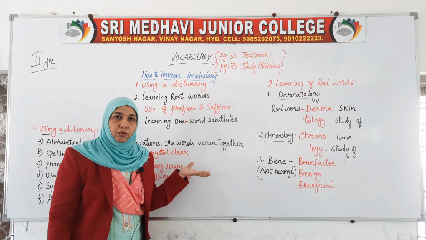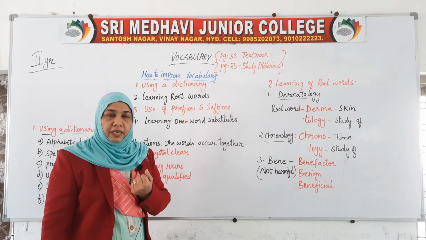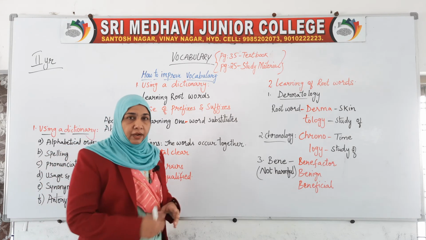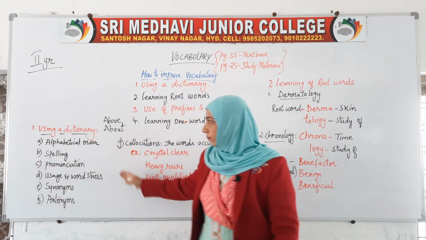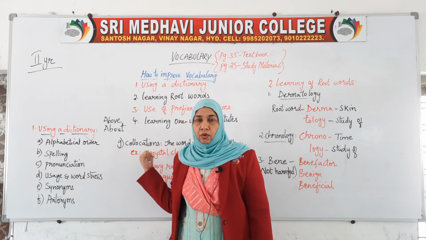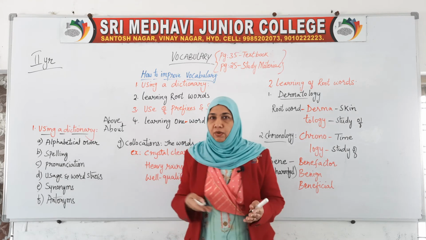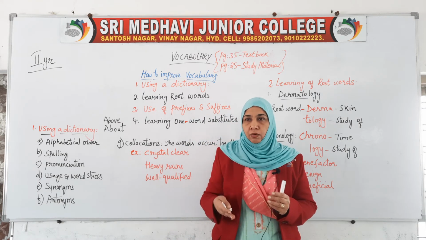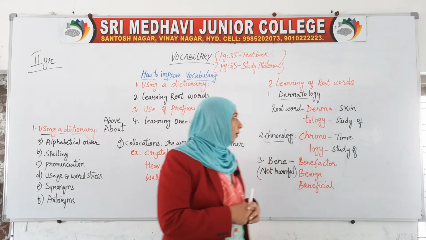There is no need for you to switch to other places. Only one dictionary, check it out, one good dictionary which has all the features which can show you all these things, including collocations. Then you can learn many things which are helpful for you, not only now, but for your future as well.